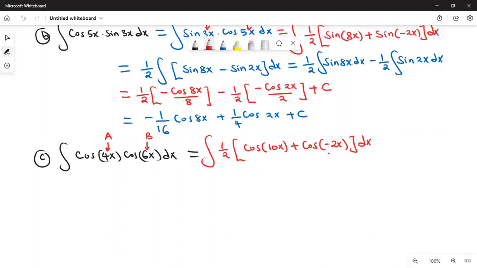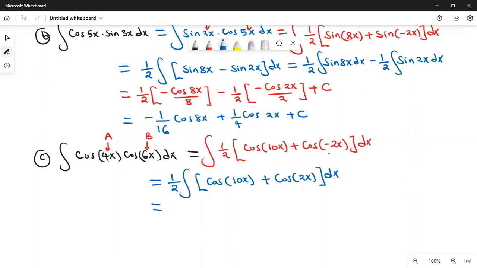We also know that cosine of negative A is the same as positive cos A, because cosine is an even function. So this can also be written as 1 over 2 times the integral of cosine of 10x plus cosine of 2x, positive because cosine is an even function, dx.